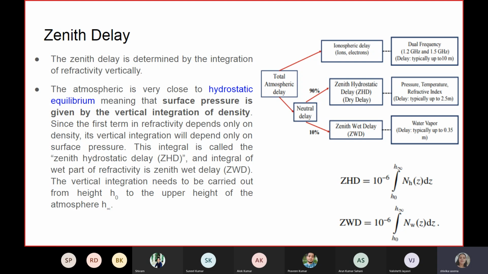While the neutral delay is modeled, the dry part, the hydrostatic part, is modeled using the pressure, temperature, refractive index data at the receiver, while the zenith wet delay is obtained from the neutral delay by subtracting the hydrostatic delay. So you can see 90% of the neutral delay is caused by the hydrostatic delay, while water vapor is only causing up to 10% of the total delay.